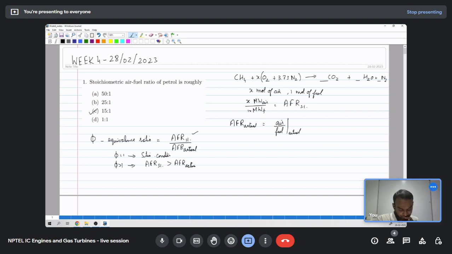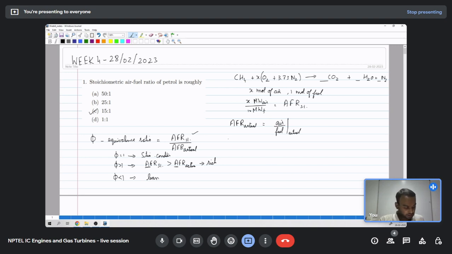So compared to the stoichiometric air-fuel ratio, for a given fuel we are giving less air to the engine. So it is called a rich condition, rich in terms of fuel when compared to the stoichiometric condition. Similarly, phi less than 1 is the other way, and it is called a lean condition.